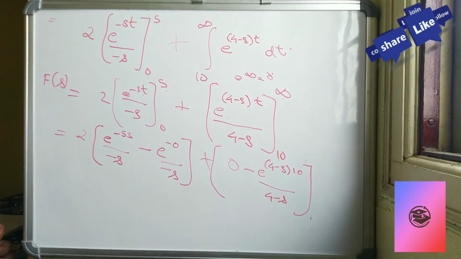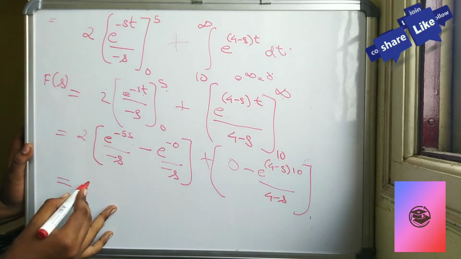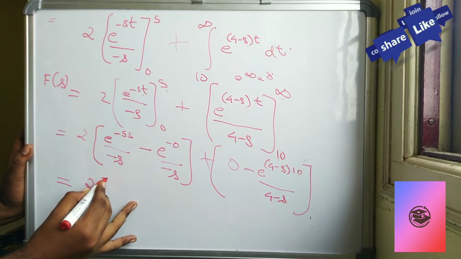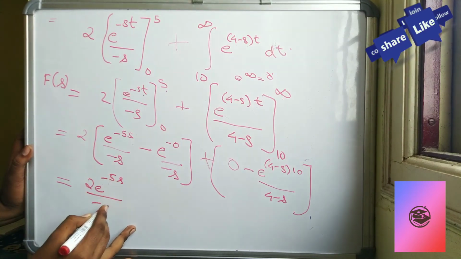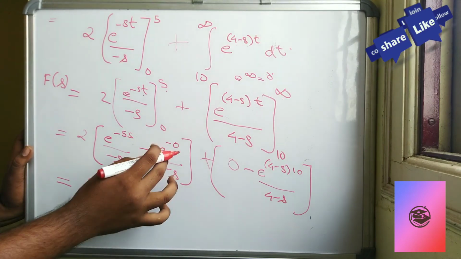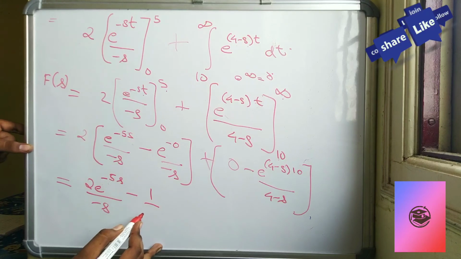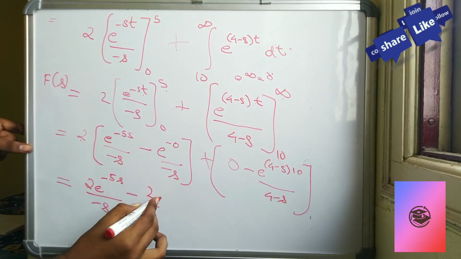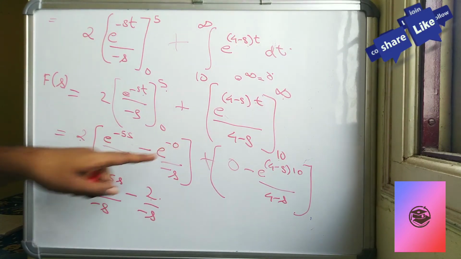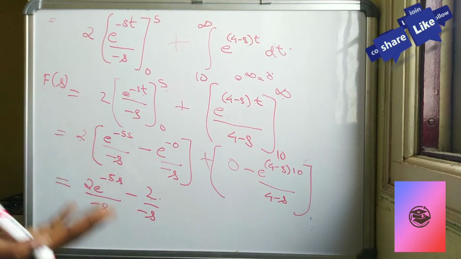Now you can multiply this with this, and finally you can get the answer. So it becomes 2 e power minus 5s by minus s, minus e power minus 0, which is nothing but 1, by minus s. So 2 multiplied, this becomes 2. e power 0 is nothing but 1 only.